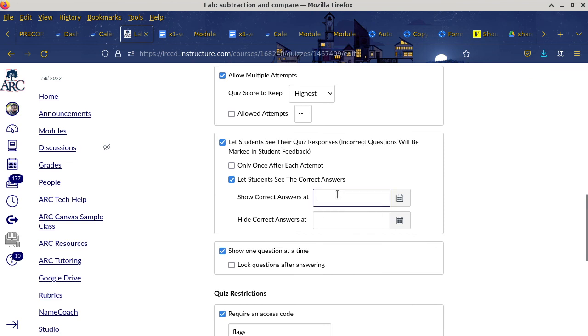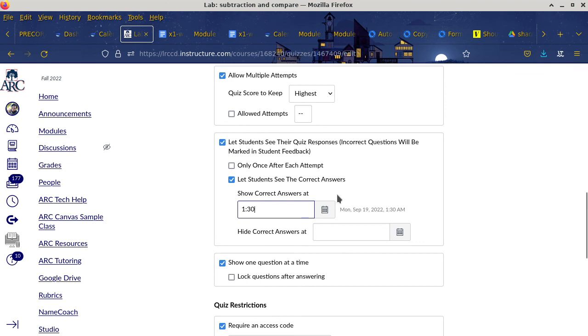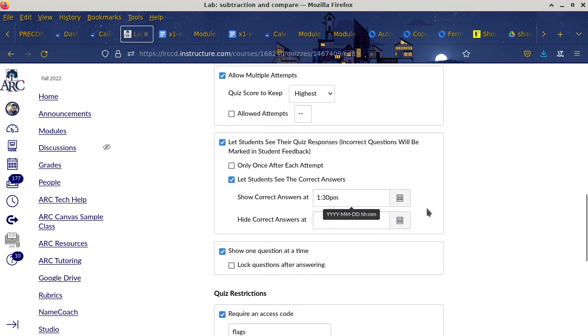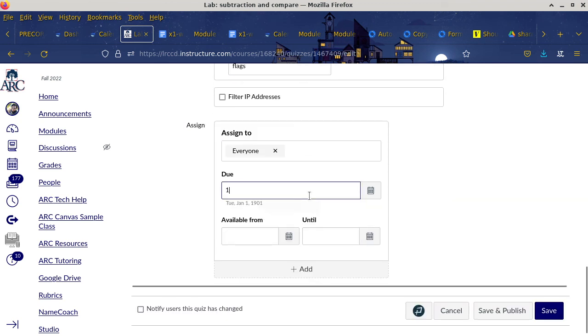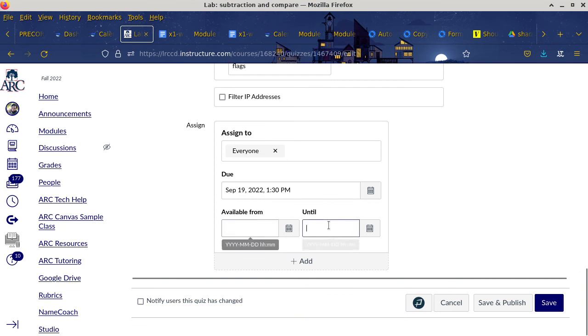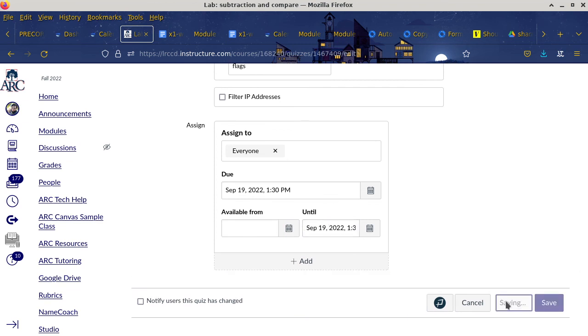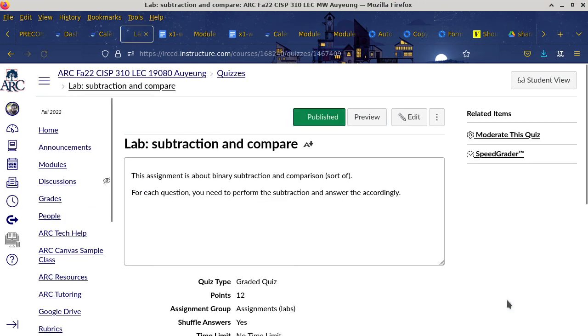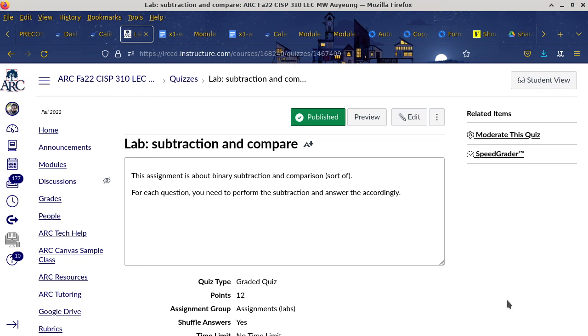Okay, show the correct answer for this class, it's 1:30 p.m. There we go. Oh, I forgot to show you its flags. The access code of the lab is just flags, all lowercase. All right, so there you go.